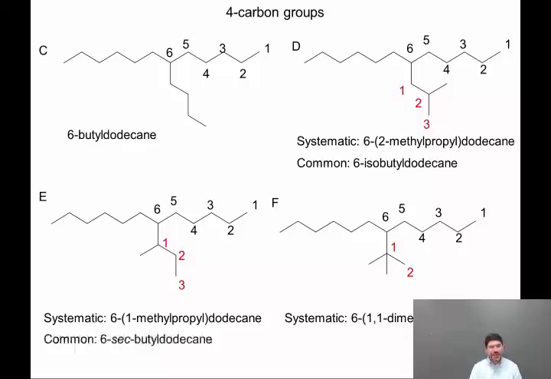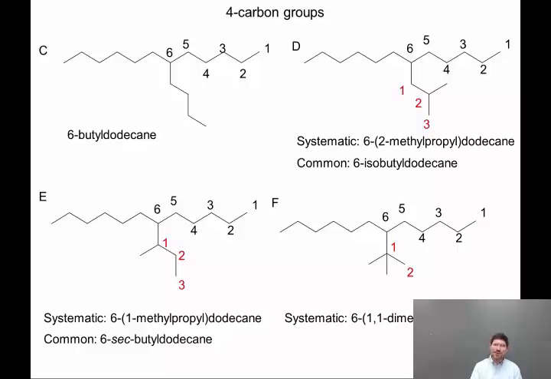Okay, so molecule E, the 1-methylpropyl, we call sec-butyl. Now notice that sec is in italics, and there's a dash between sec and butyl. Incidentally, when you're alphabetizing isobutyl, you alphabetize isobutyl under I, but the sec does not count when you're alphabetizing it, because sec is short for secondary.